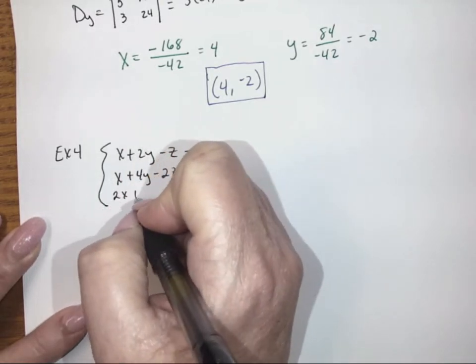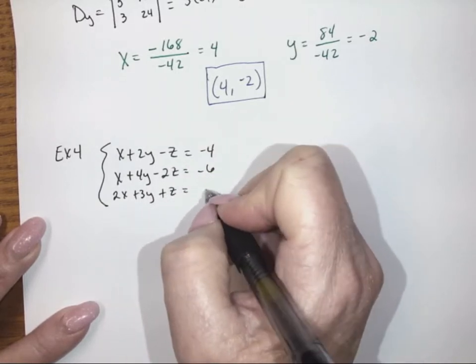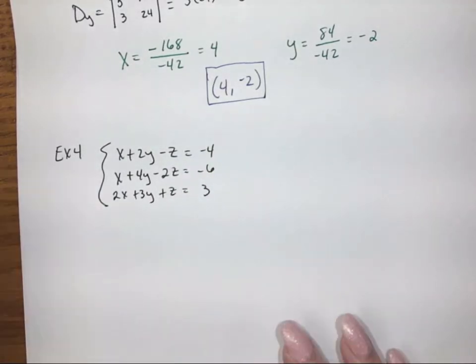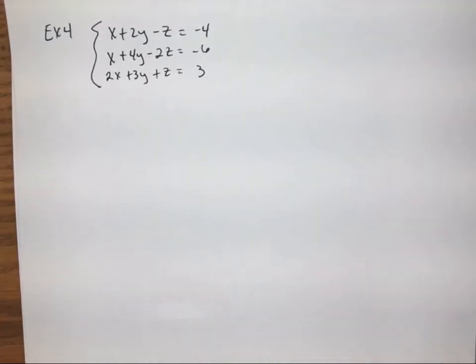And 2x plus 3y plus z is equal to 3. So that's our 3 by 3 equation. Now we've got to figure out a determinant, the dx, the dy, and the dz.